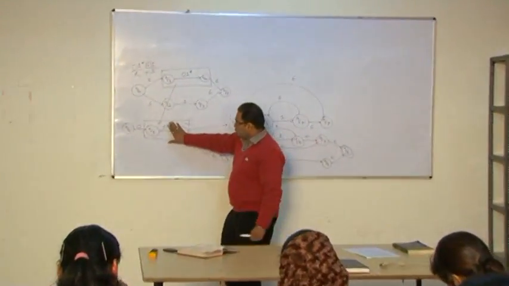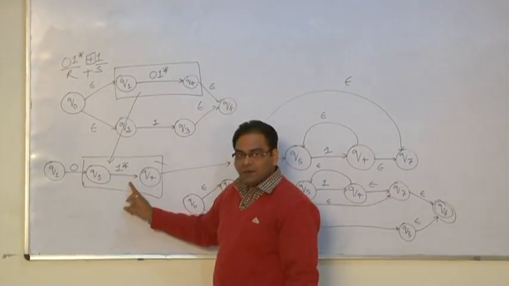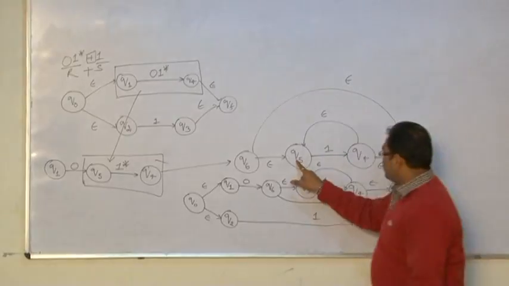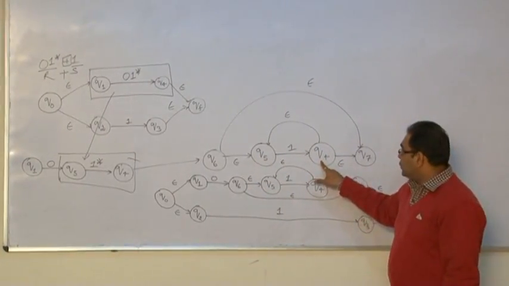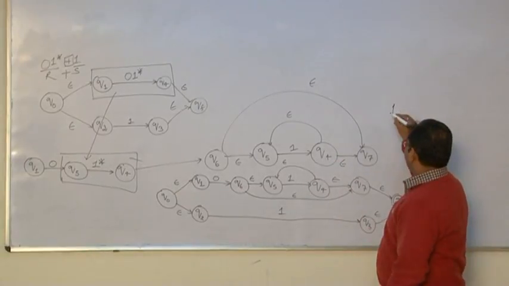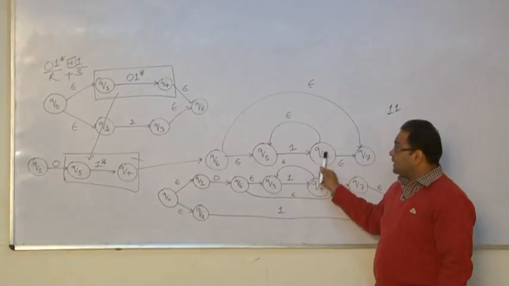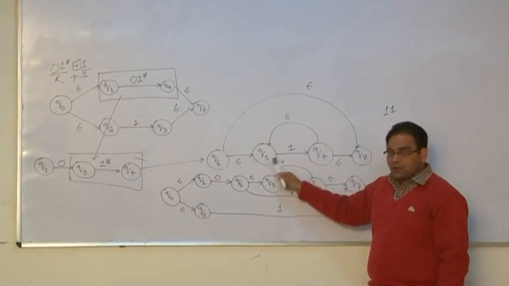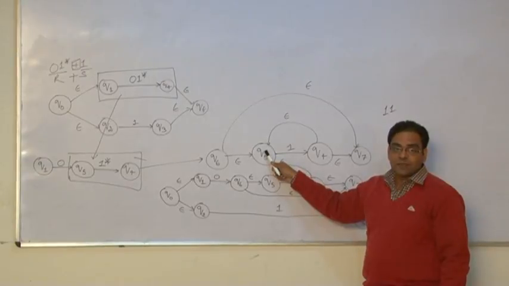Forget this asterisk first. For only one, we have only Q5, 1, Q4, right? If 1 is there, then 1 has been processed over there. Again we have to start processing from here. From here to here we have to take the epsilon move to come again to the starting point.